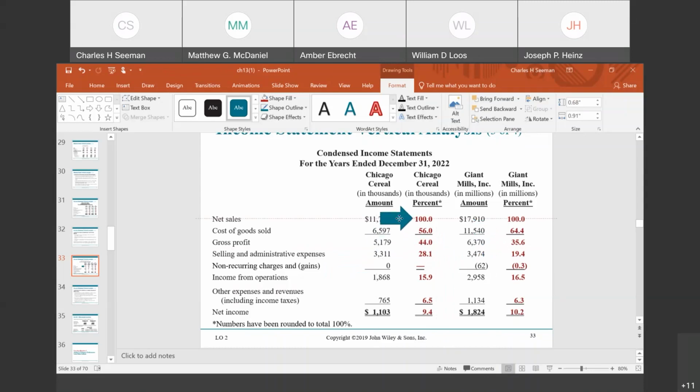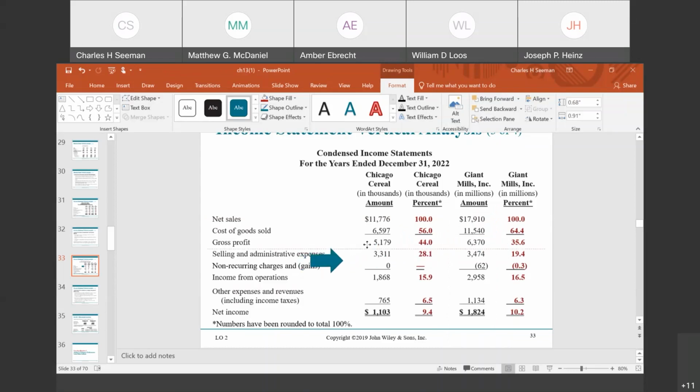The difference between 100 and 56 is the 44. 100 is everything, 56 is the cost, so the profit is 44. In Giant Mills' case, again, 100, but the cost is 64, so the profit is the difference, 35.